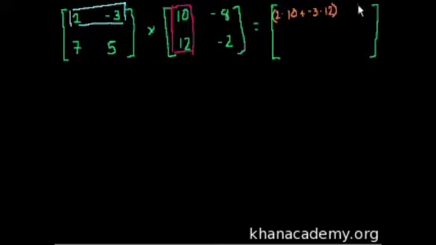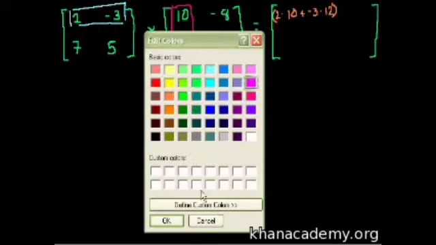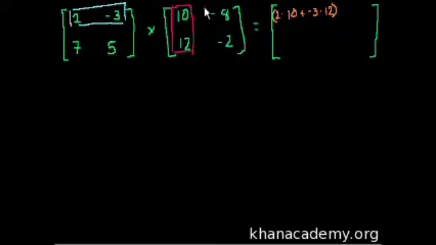And so what's this second term over here? Well, we're still in the first row of the product matrix, but now we're in the second column, and we get our column information from here. So let me pick a good color. So now this is going to be 2 times minus 8.